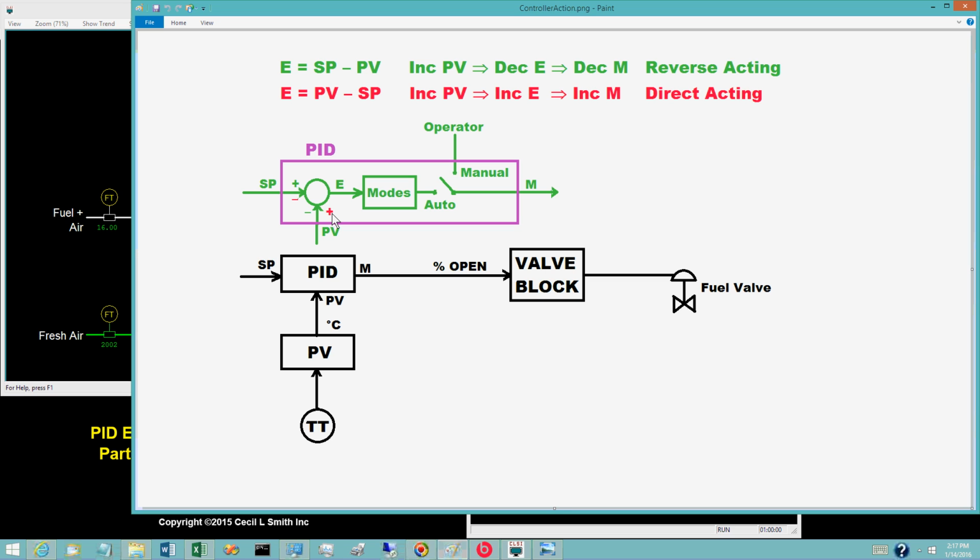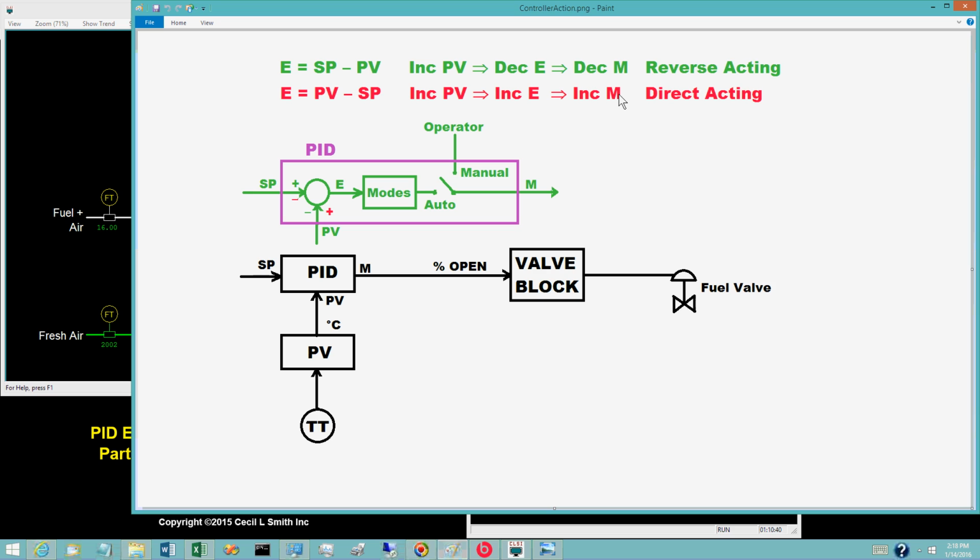That is, the plus is on the PV and the minus is on the set point. That is, the control error E is PV minus set point. When E is defined in this manner, an increase in the PV causes the control error E to increase, which causes the PID control logic to increase the controller output M. The controller is direct acting.